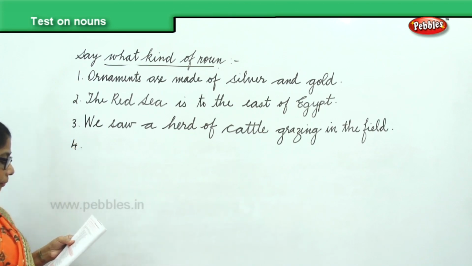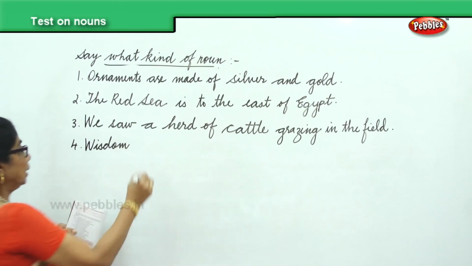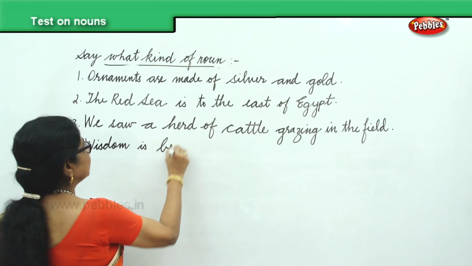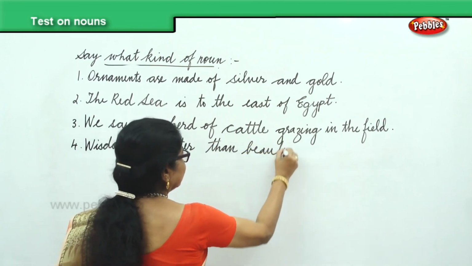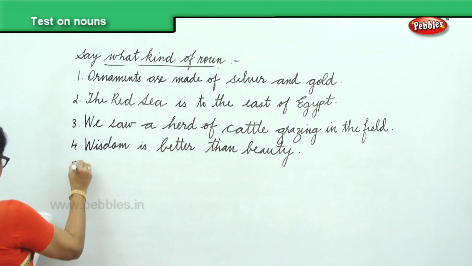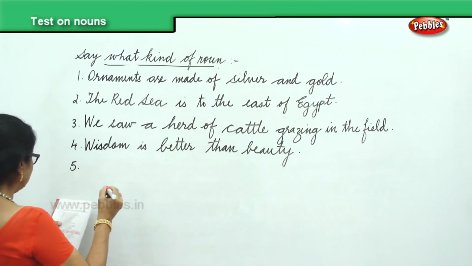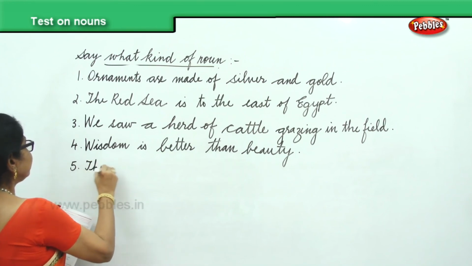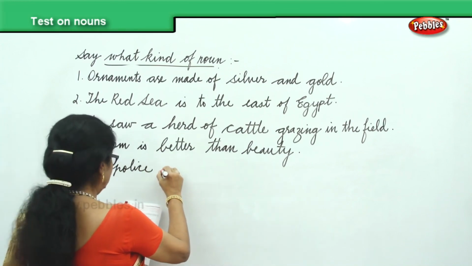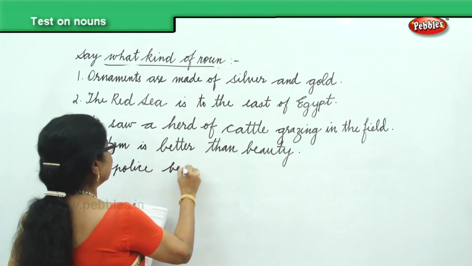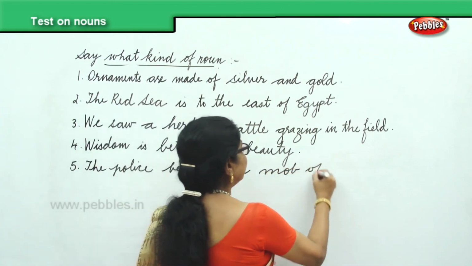Next, wisdom is better than beauty. The police beat up a mob of people.